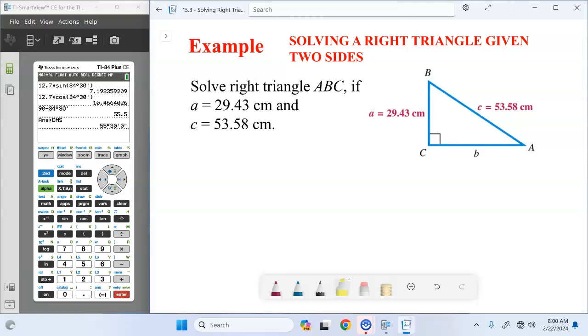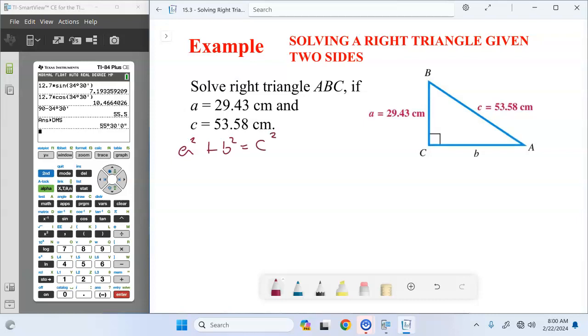Okay, so here we've got another triangle to solve. We're given two side lengths. What can I do to find the third side length? Yep, we'll use our good old-fashioned Pythagorean theorem. We've got a squared plus b squared equals c squared.